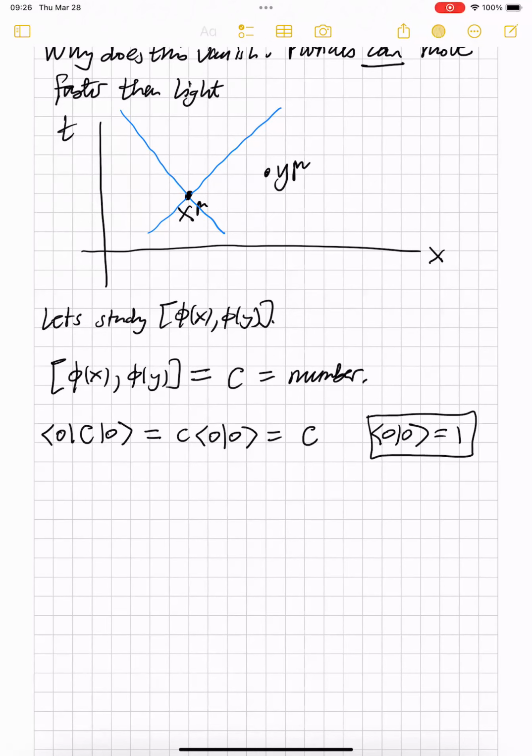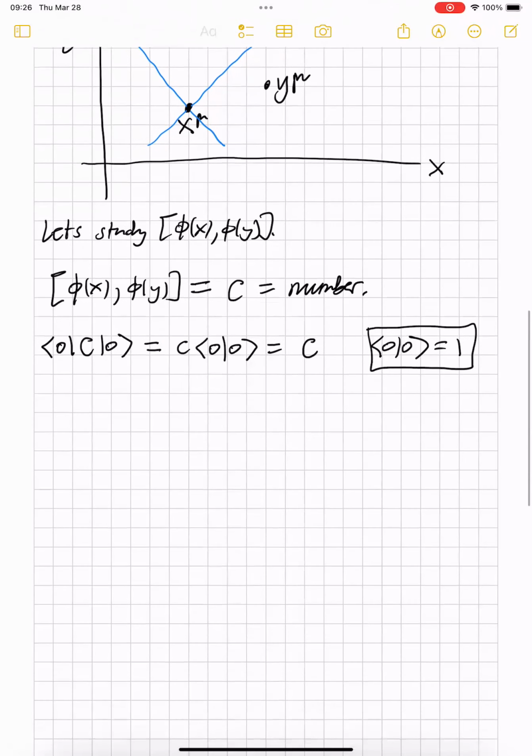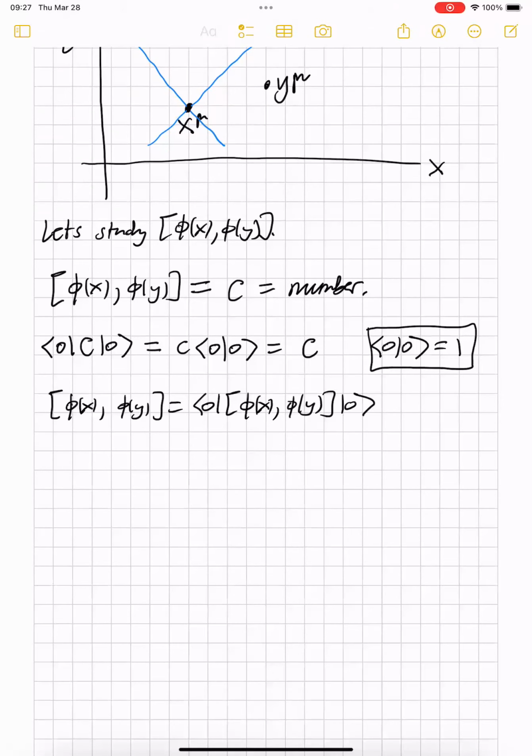So whenever I've got a number, I can always just sandwich that number between bra vacuum and ket vacuum. So this commutator, phi of X, comma, phi of Y, this is equal to bra vacuum, the commutator of phi of X and phi of Y, and then ket vacuum, okay? And that's true whether x and y are space-like separated, time-like separated, or null separated. This is just a fact.